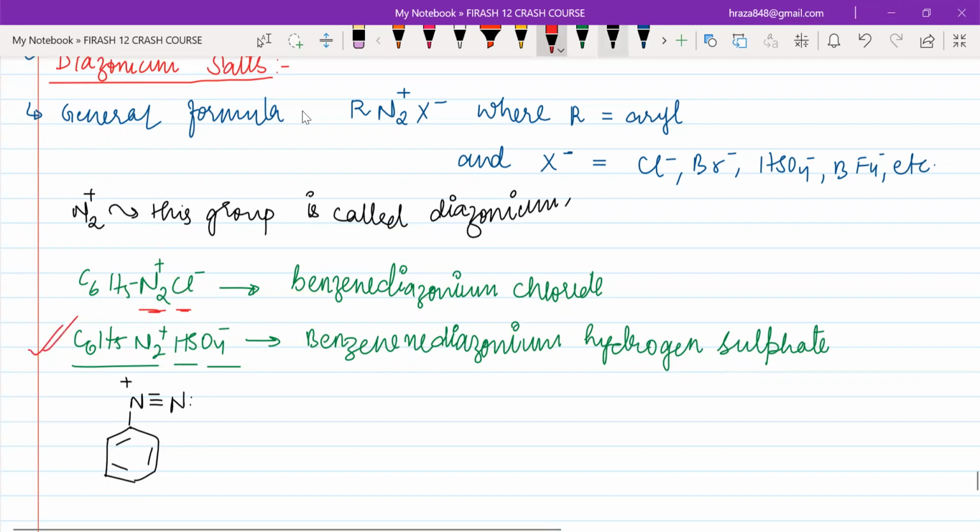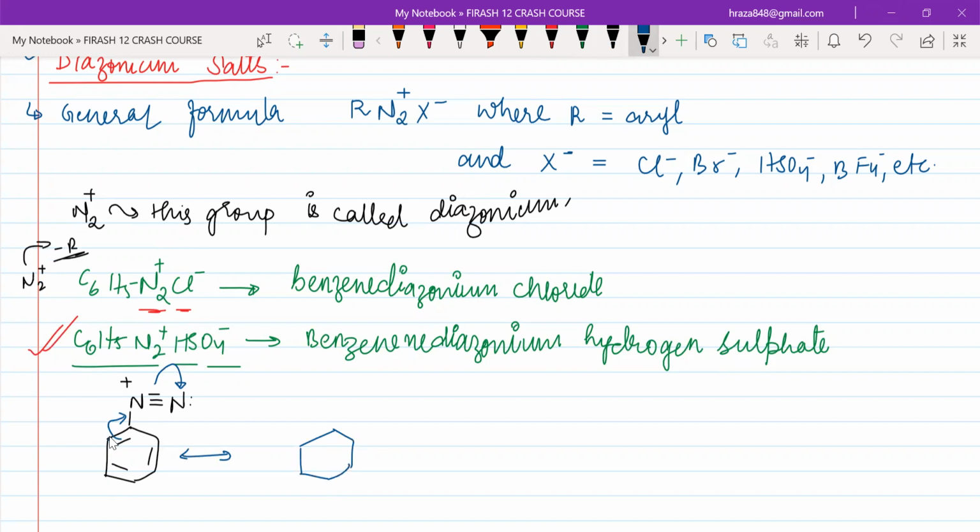So this N2+ shows a minus R effect. That means it will withdraw electrons from the ring, and see how it will do. It will take electrons from here, and this bond will be moved to this point.